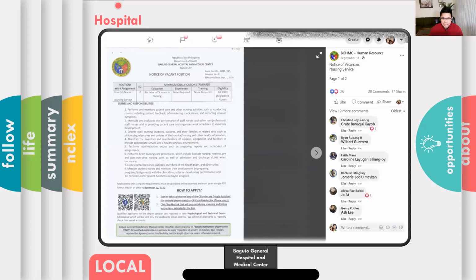However, we know that it's hard to apply to them, especially if you don't have any experience first. Though they say here that no experience is required, you know the reality.